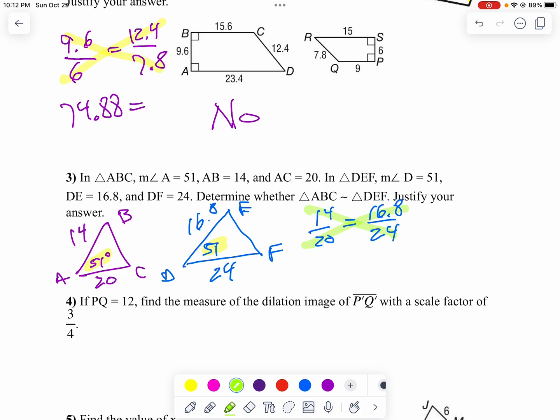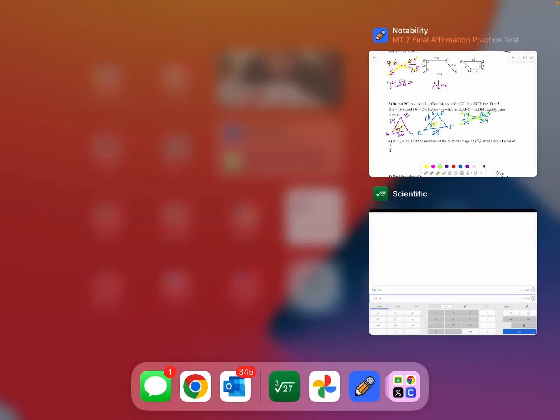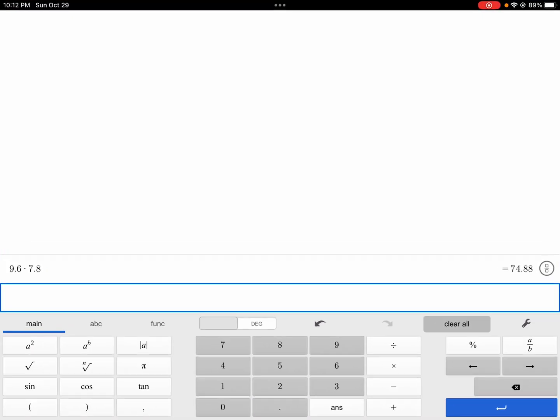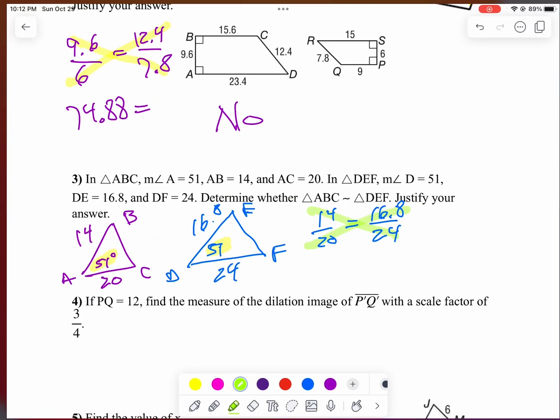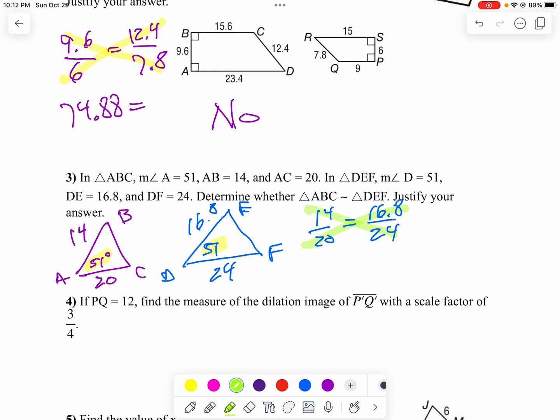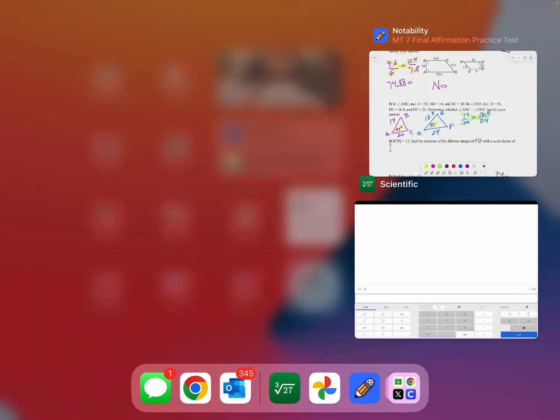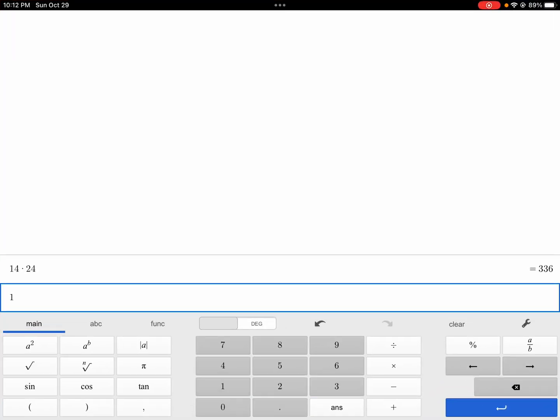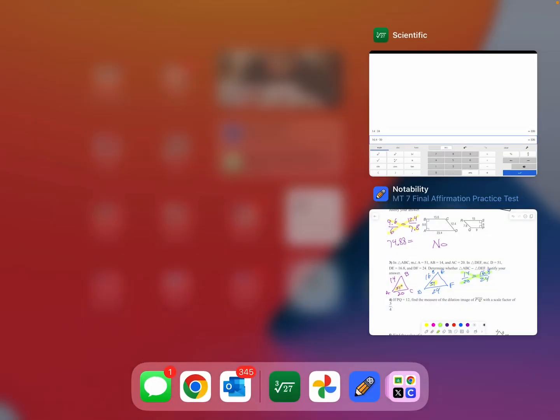Let's cross multiply. So 14 times 24, and notice we get 336. Then if we take 16.8 times 20, we get the same answer, don't we?